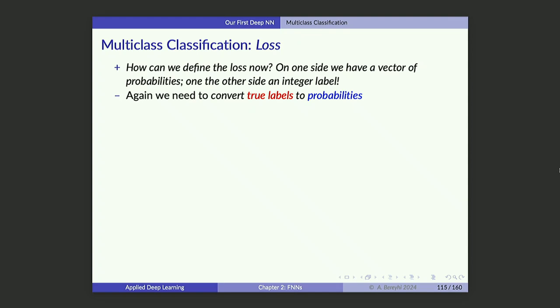What is the chance of my true label being 1? What is the chance of my true label being 2? What is it? It's 0. What is the probability of my true label being 3? 1. What about anything after that?